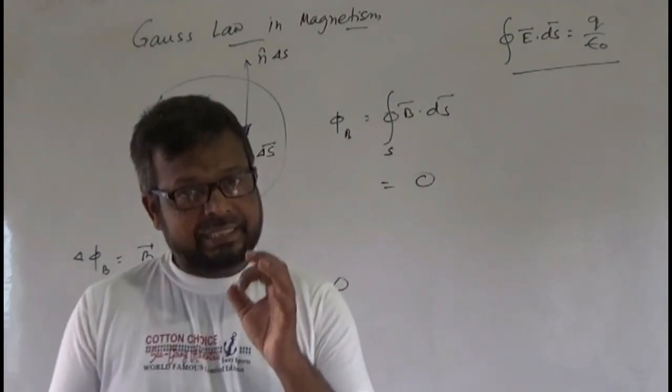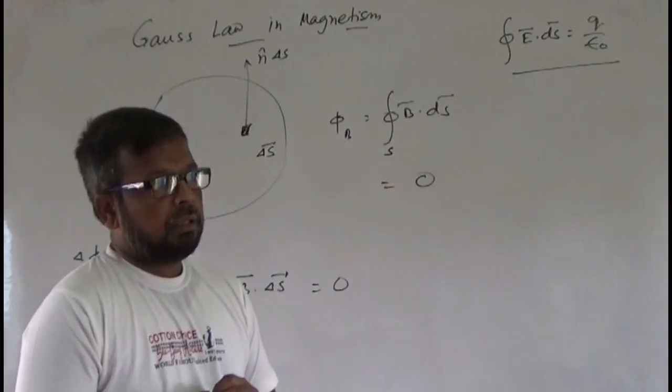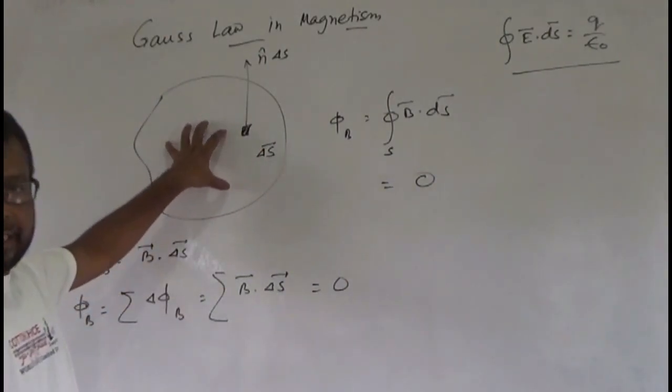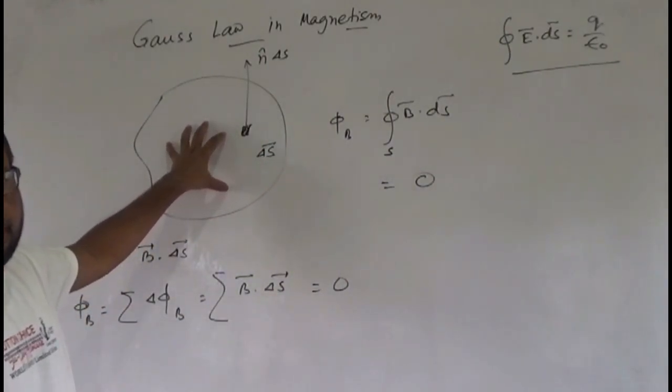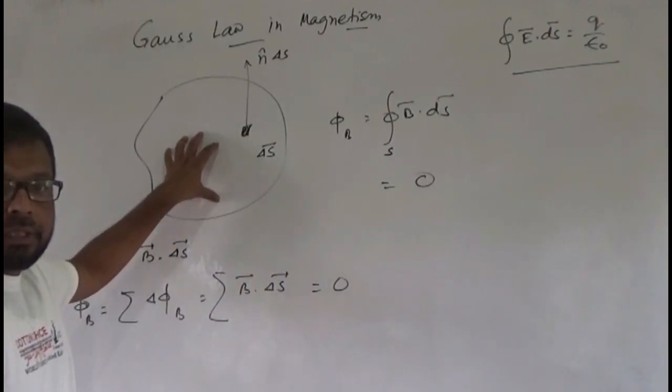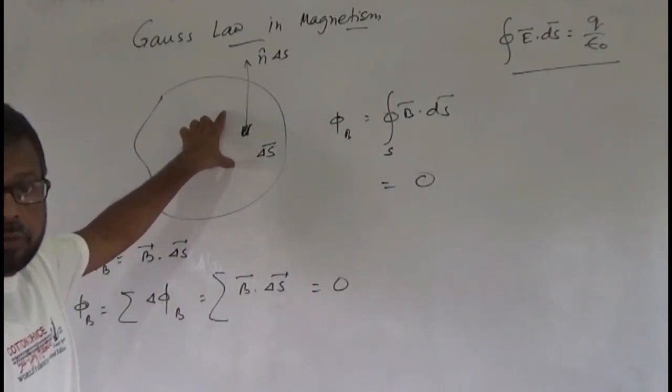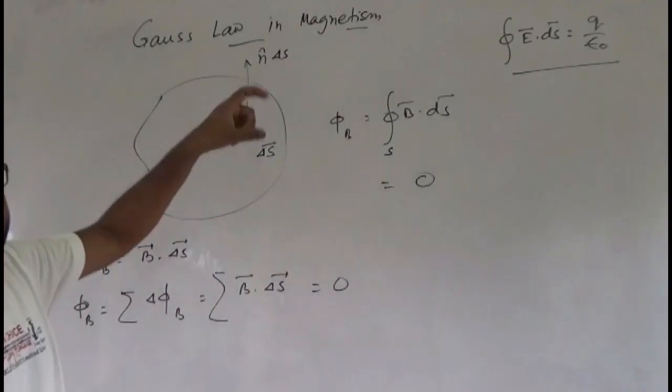Then you can say, at least, that inside the surface there is a north pole as well as a south pole of equal pole strength.